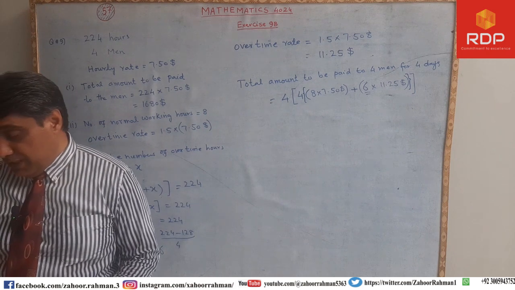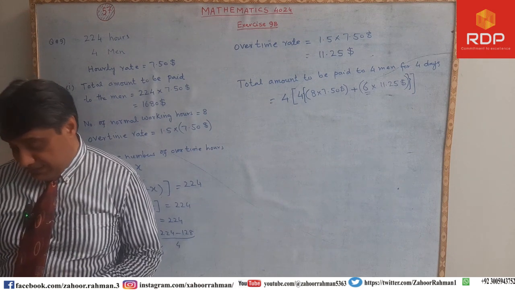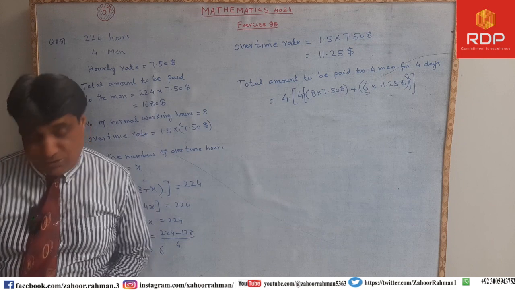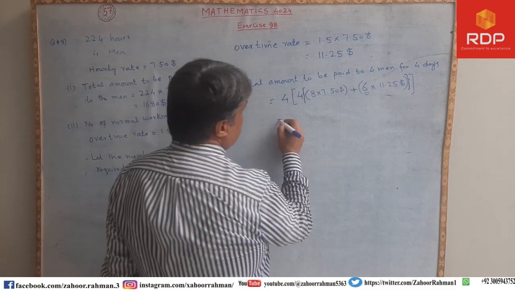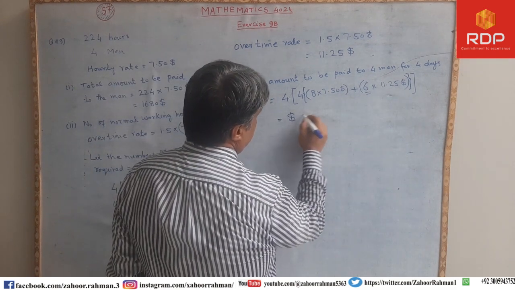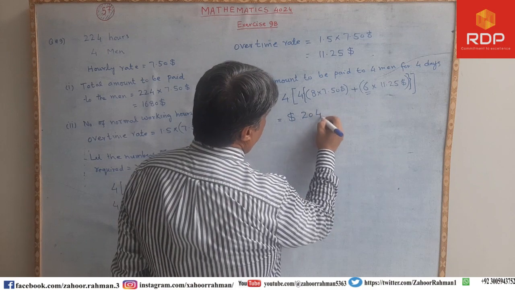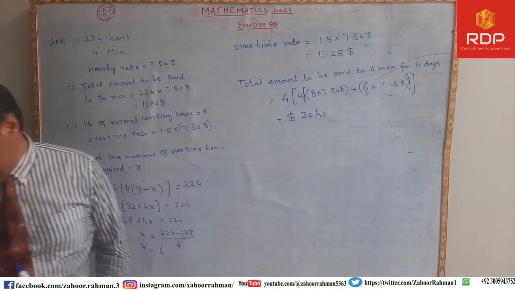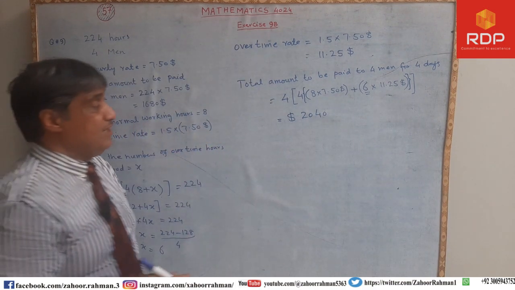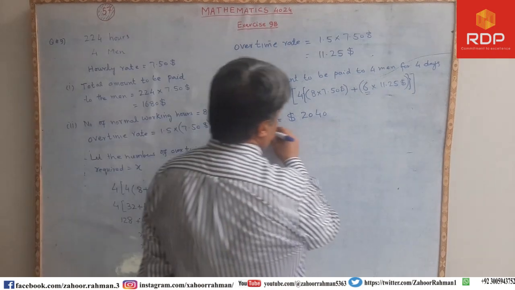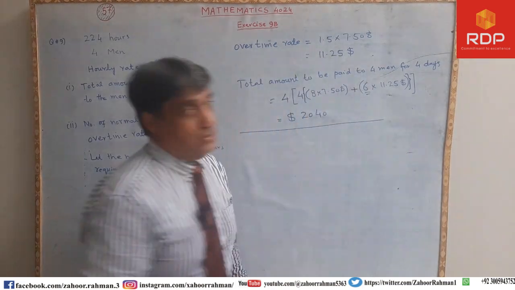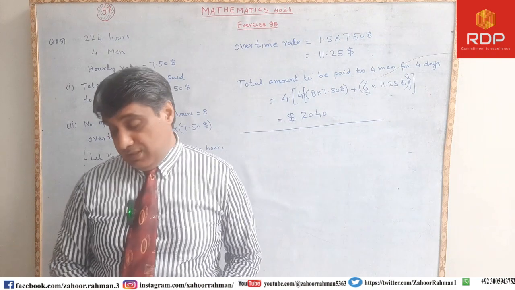So when we calculate all these things, it comes out to be $2,040. Yes, $2,040 will be paid to the people.